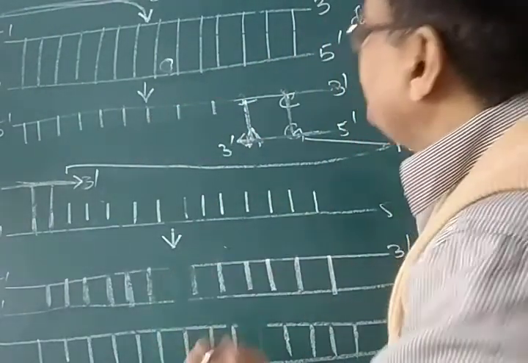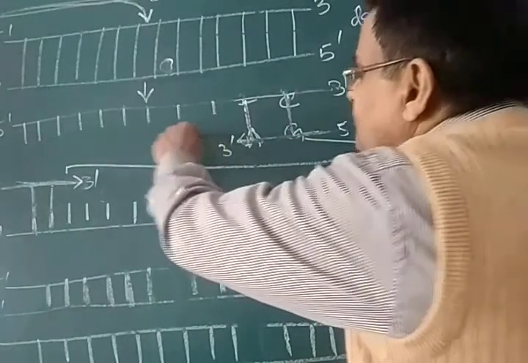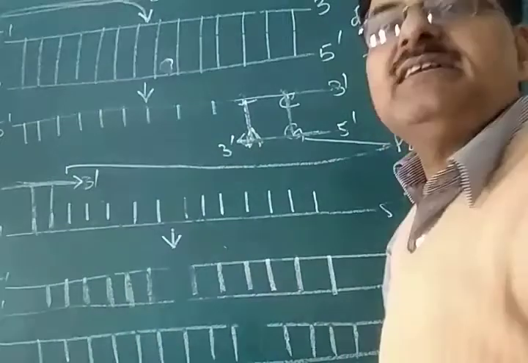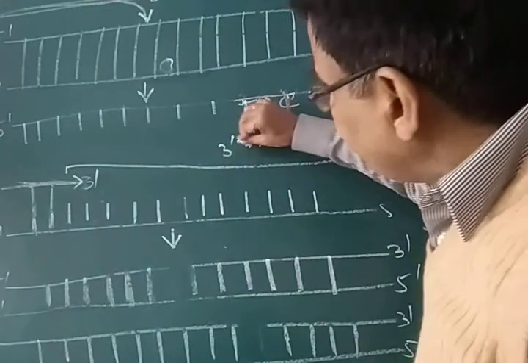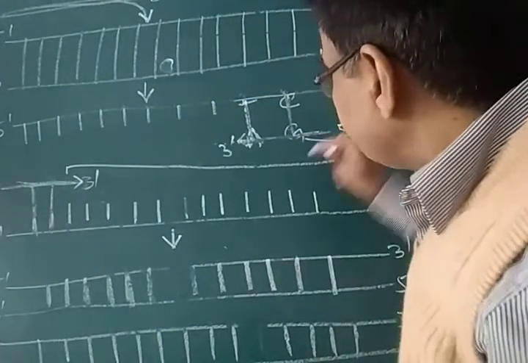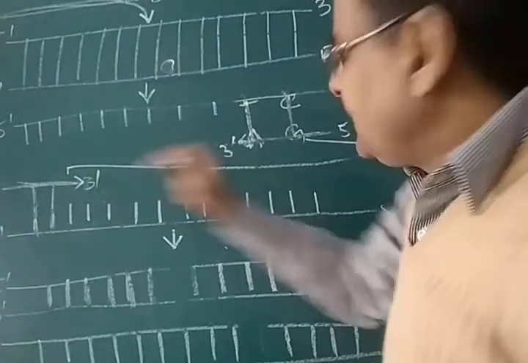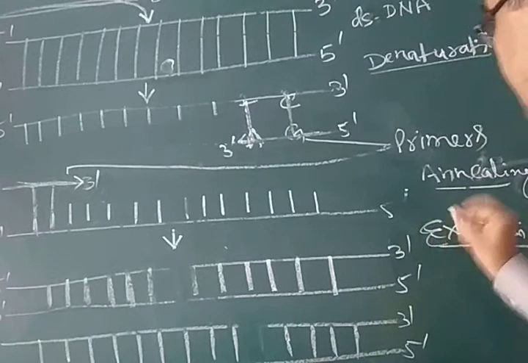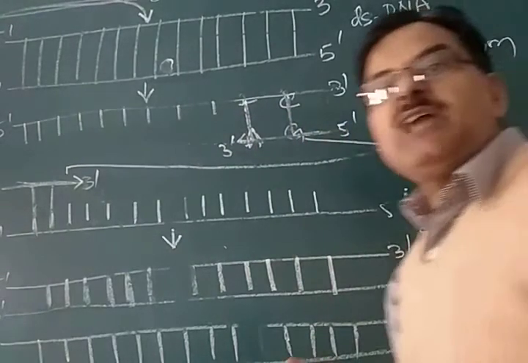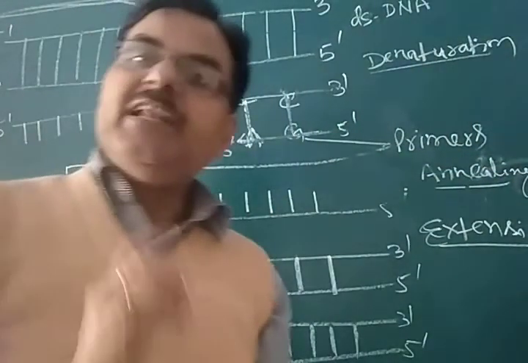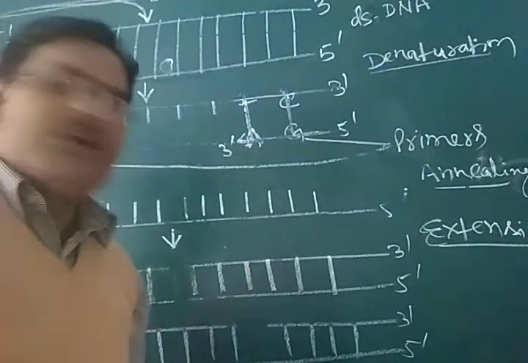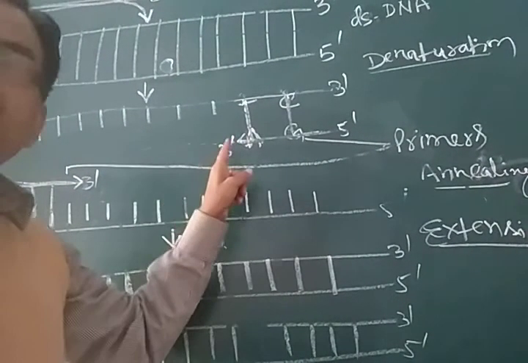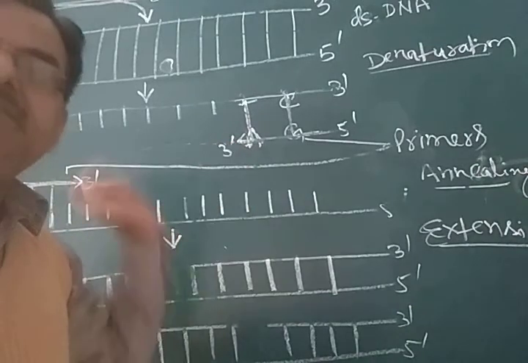Now we only need the addition of new nucleotides according to the base sequence in the template strand, that is, the extension of the primer, and this is called the third step, the extension. The extension of the primer requires the enzyme DNA polymerase, because this is a polymerization reaction.